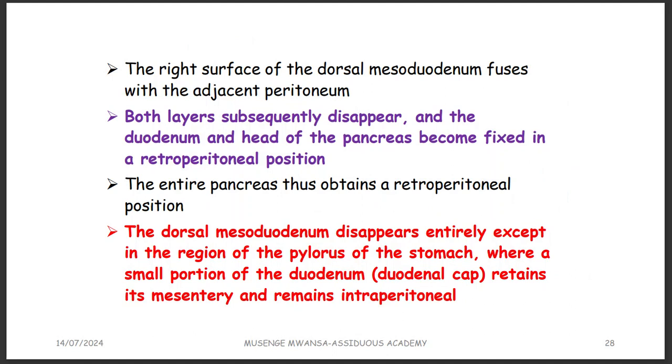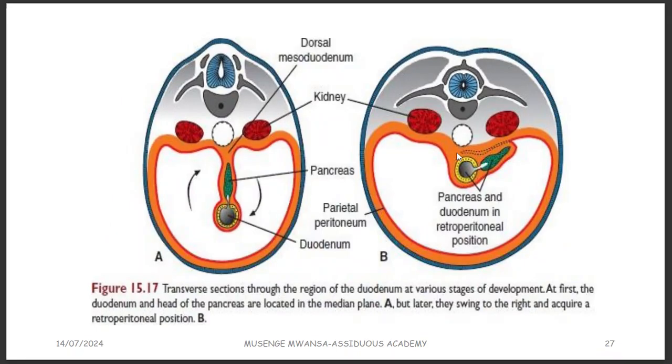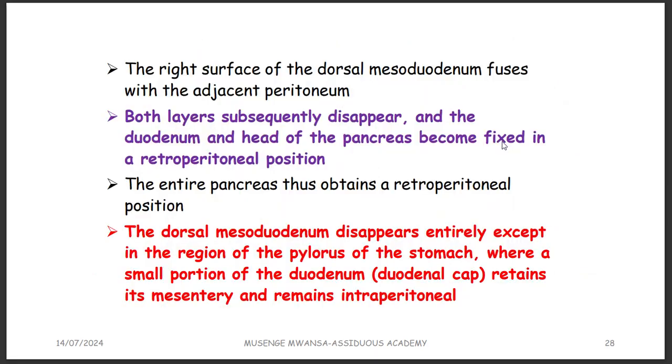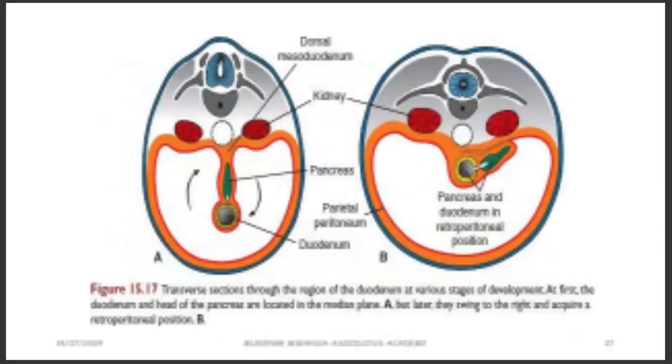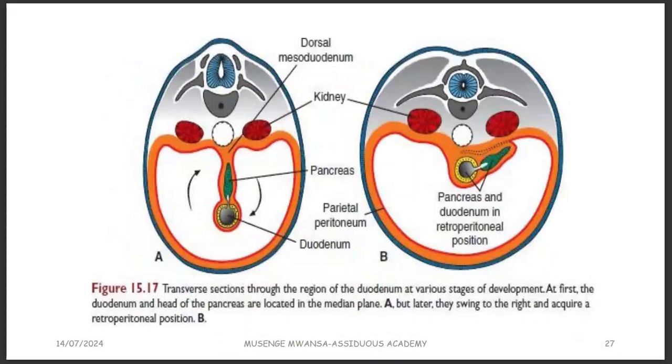The right surface of the dorsal mesoduodenum, the right aspect here, is going to fuse with the adjacent peritoneum. Both layers will then disappear and the duodenum and the head of the pancreas become fixed in a retroperitoneal position.